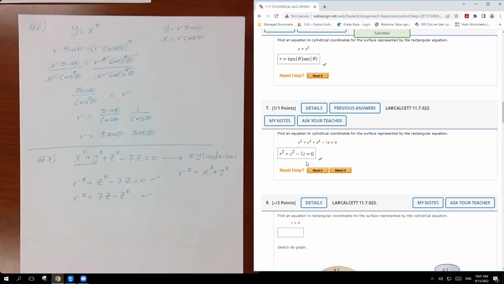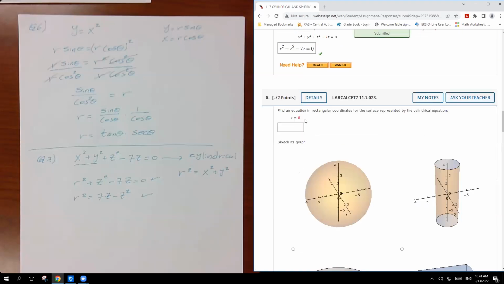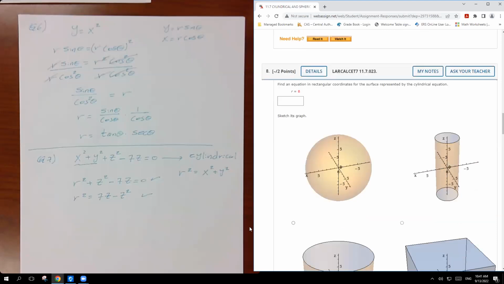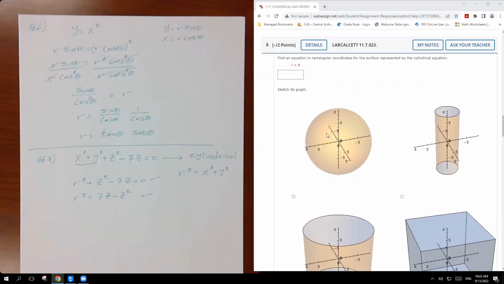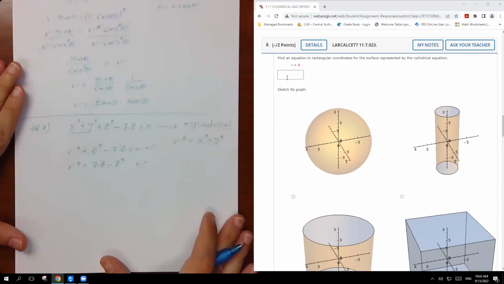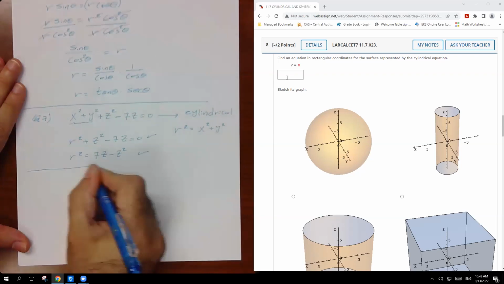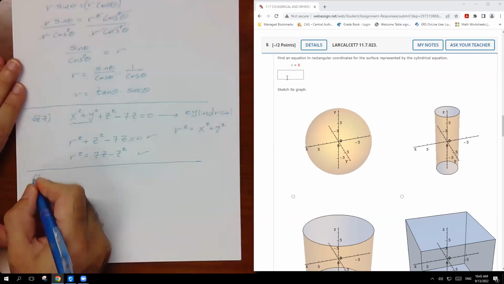So next example, we need to find which one is going to be the right graph for this equation, r equals 8. The next one is to find the equation in rectangular coordinates for the surface, and then sketch the graph. So the first thing we need to do is find the equation.